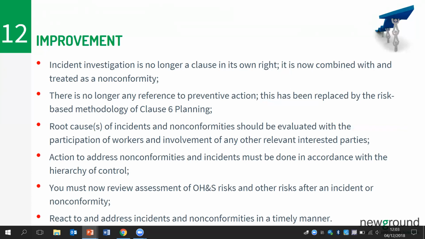So in other words, there now needs to be a closed loop process back to the clause 6 planning, so that when something goes wrong, you are reconsidering risk and opportunity to the business.